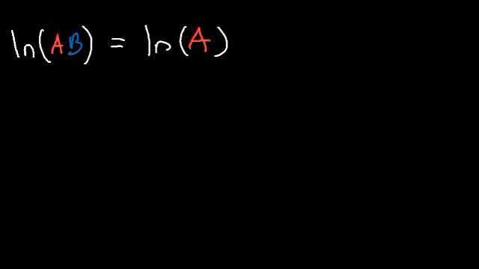Now let's go over some basic properties of logs. You need to know that the natural log of, let's say, a times b is the same as ln a plus ln b.